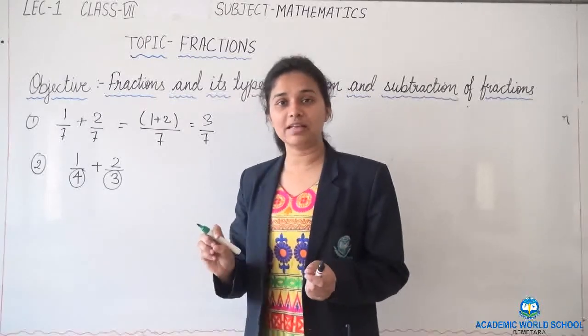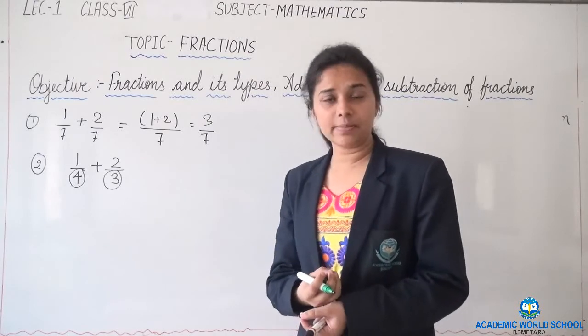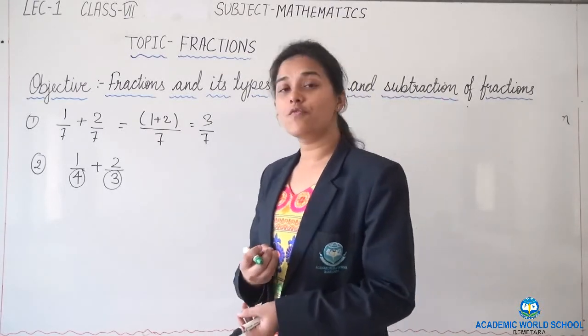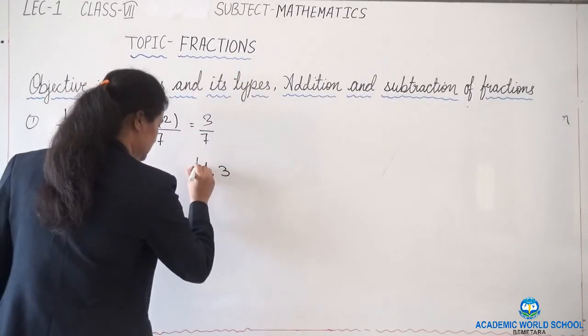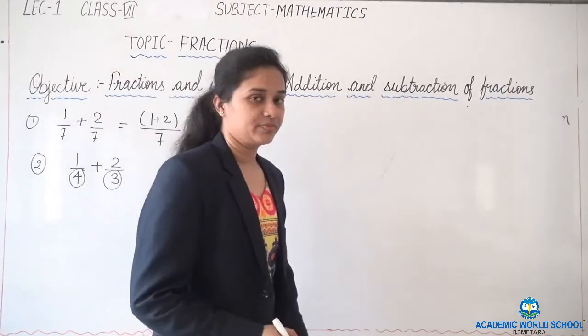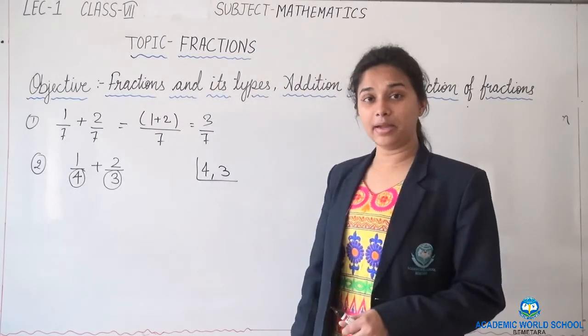Now, how to make the denominators the same? For that, we need to take out the LCM of 4 and 3. Now, how to take out the LCM? For the LCM, we have to divide by prime numbers.